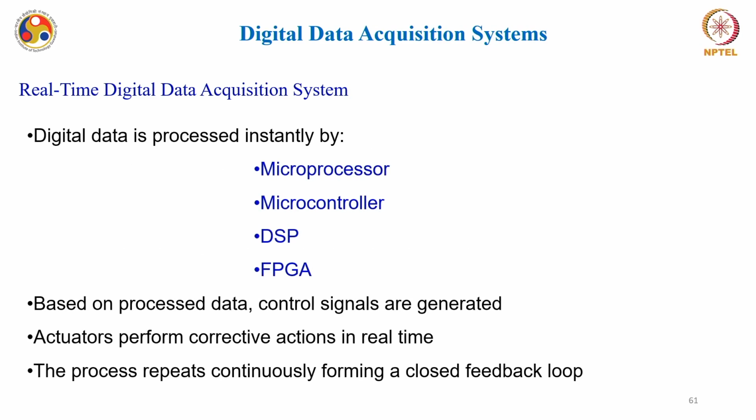This digital data is processed instantly using processors, controllers, DSPs and, in modern VLSI, FPGAs. Based on the processed data, control signals are generated and actuators perform the corrective action in real time. This is what our goal was, to monitor the data or take action in real time. The process repeats continuously, forming a closed feedback loop.